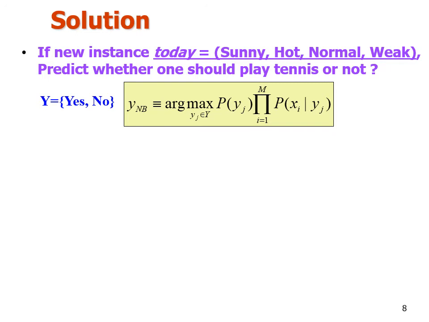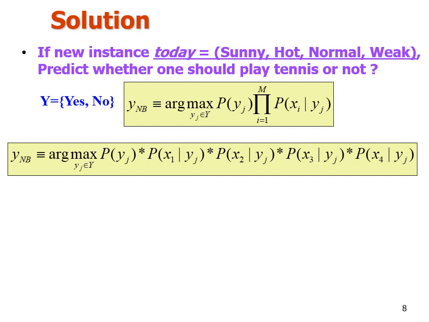So given this formula, we are rewriting it as YNB is equal to ARG max over Yj belongs to capital Y, probability of Yj into probability of x1 given Yj into probability of x2 given Yj into probability of x3 given Yj into probability of x4 given Yj.